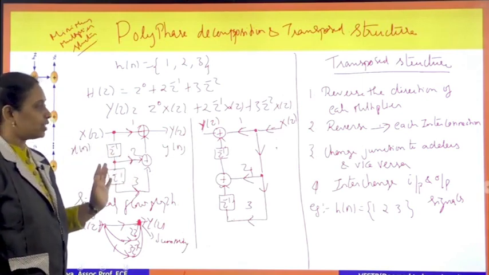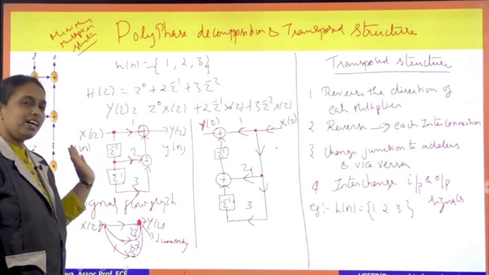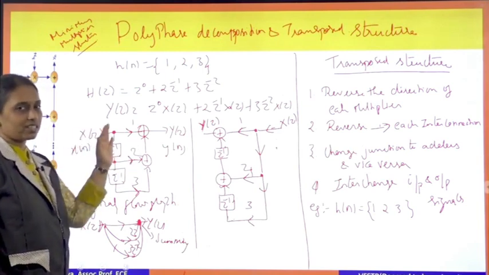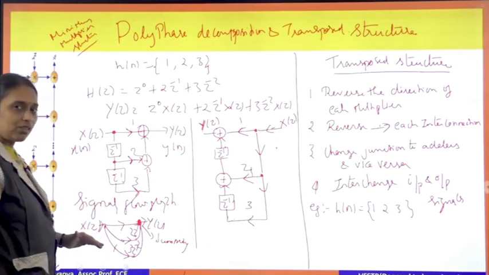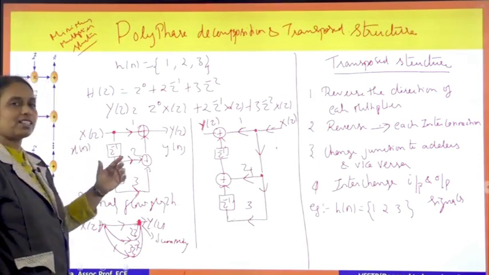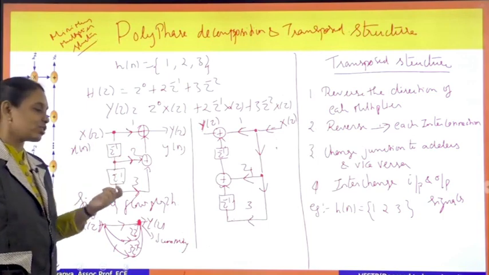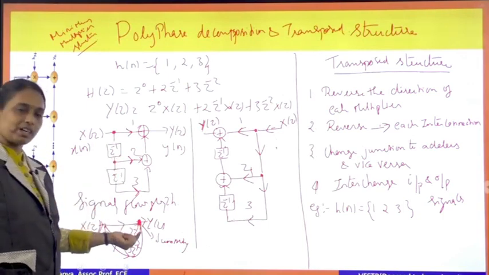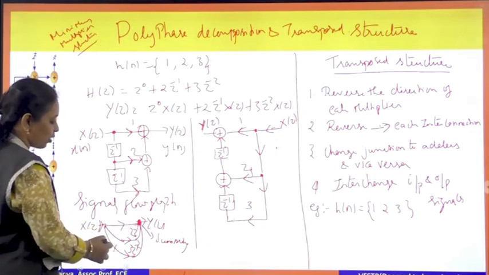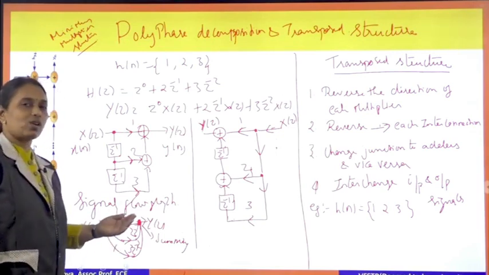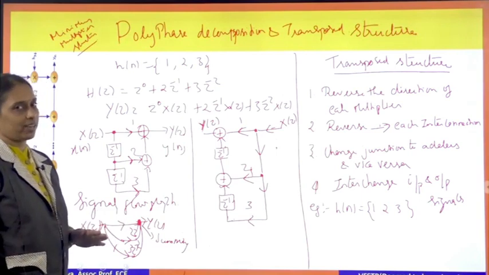And if you do all these, you will get for both the transpose structure and the original structure the same equation as output. Similarly, what is meant by signal flow graph is, instead of using these straight lines and a box for delaying, you can delay it by using an arrow mark itself, that is a multiplier you can use, and you can use the curved lines as I have shown over here. This is called as signal flow graphs.